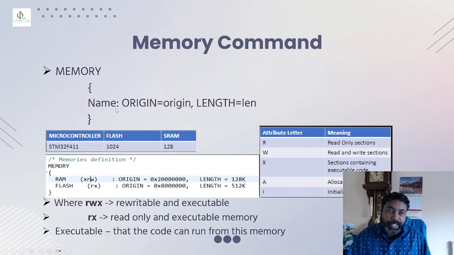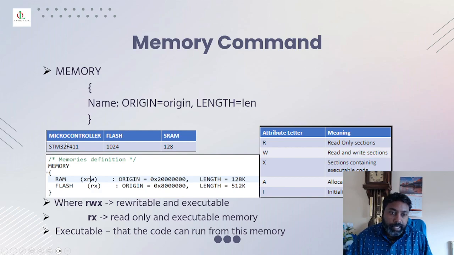Then the name of the memory: if you're working on the flash memory or the RAM memory, you have to give the name, and it should end with a colon, so that's important. And then ORIGIN is the starting address of that memory, so you need to give that origin, comma, the LENGTH, the capacity, the space of that memory, and then close the bracket.